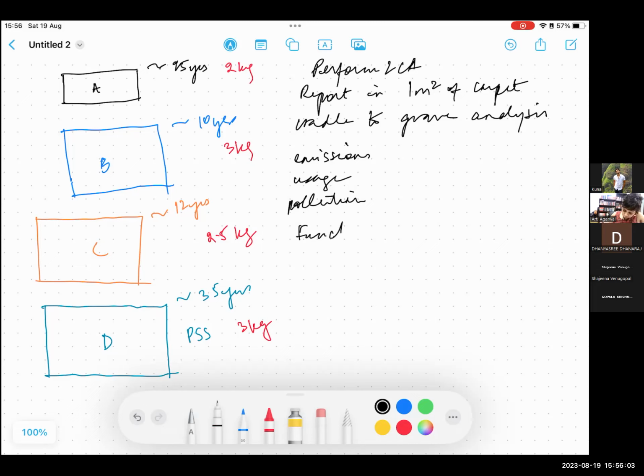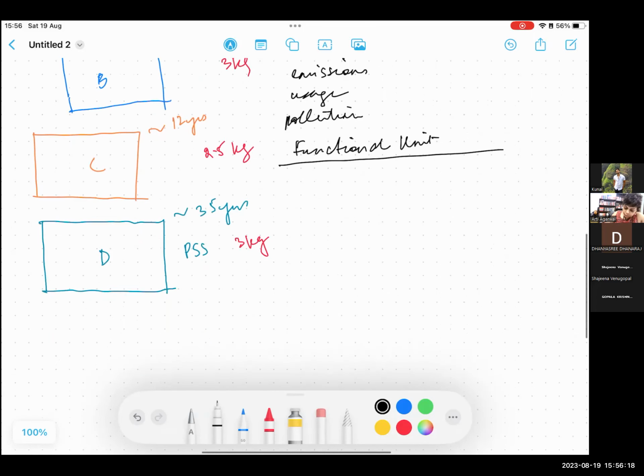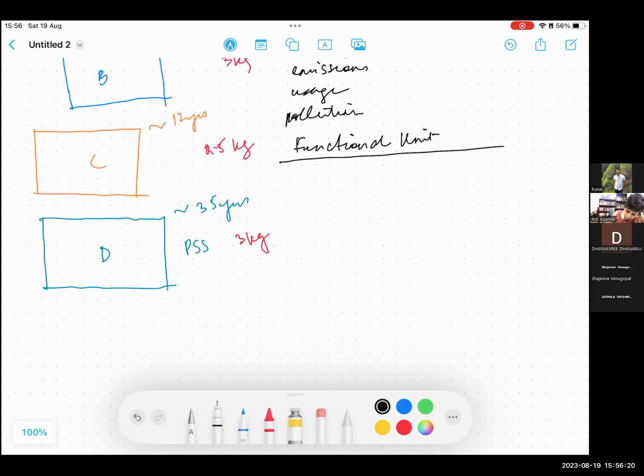In this case, you can see very outright that the length of life is different across the options.